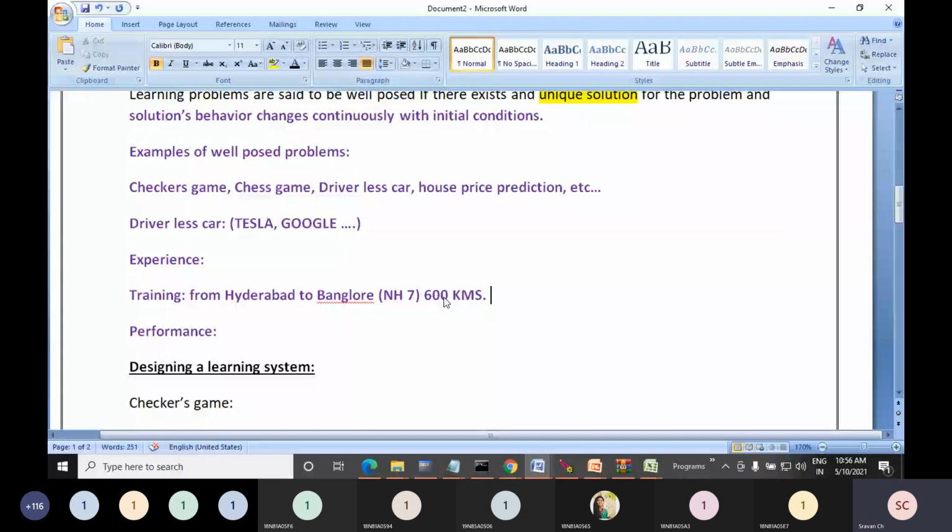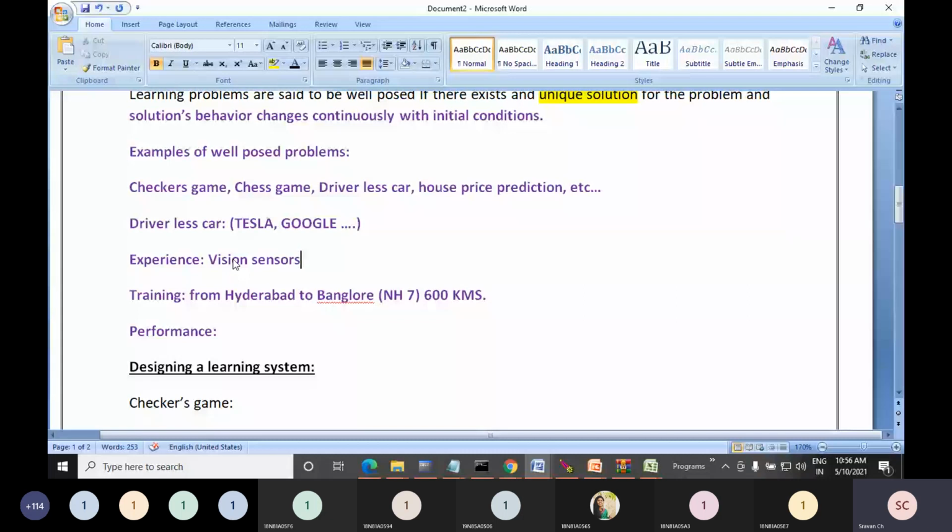Now a driverless car has to work based on what? Based on vision sensors. A lot of sensors will be there in the car. The sensors will detect the objects and generate a lot of data.